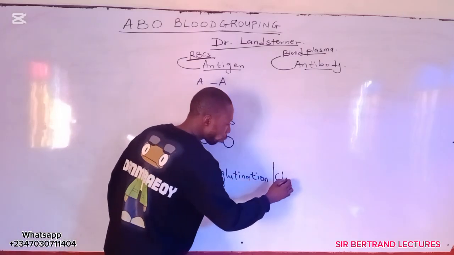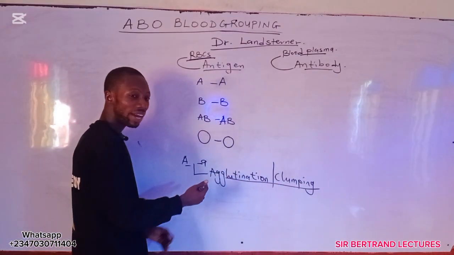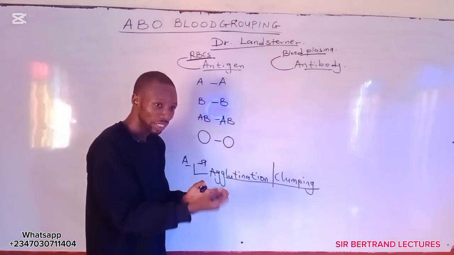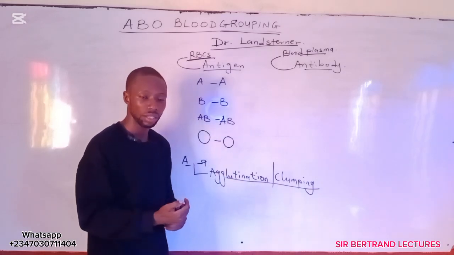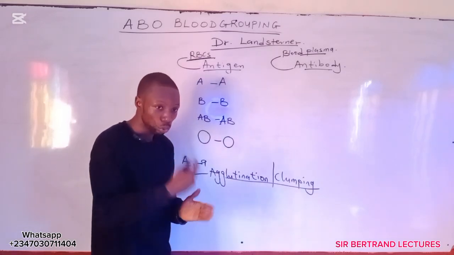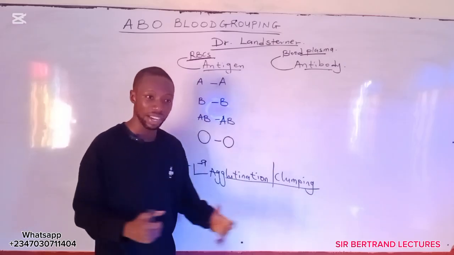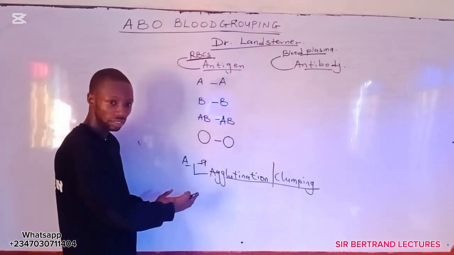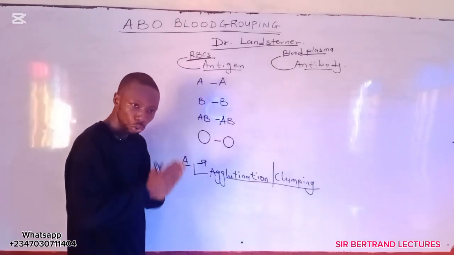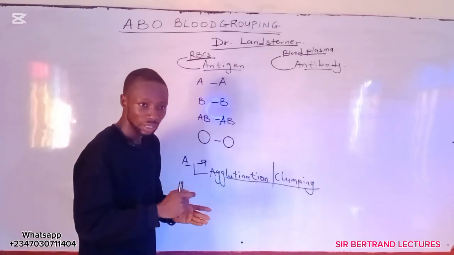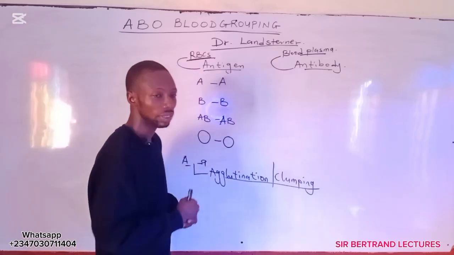Agglutination is also known as clumping of blood, and that is why some people who received blood from some others died during blood transfusion. As I said, during ancient times, some people survived blood transfusion while some didn't, and this is the reason. No individual or blood sample contains both an antigen and its corresponding antibody.